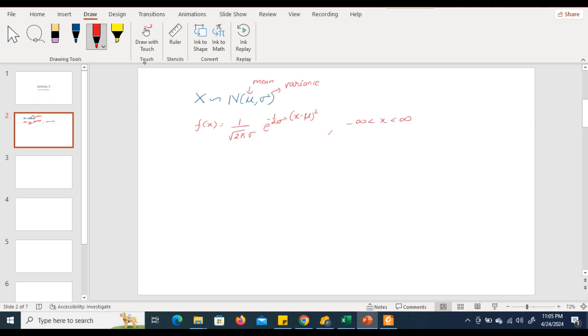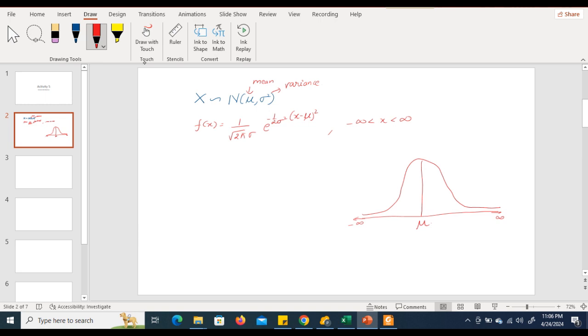The normal distribution has a bell-shaped curve which is symmetric about the mean mu. This curve is asymptotic to the x-axis, extending from minus infinity to plus infinity.